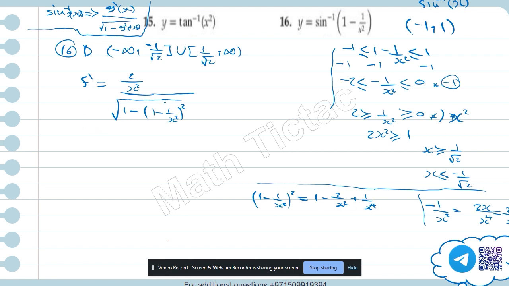In here, then I'll try to make the denominators the same over here, so I will use the cross method. This is going to be equal to 2 over x cubed divided by the square root of 2x to the power 4 minus x squared over x squared multiplied by x to the power 4, this is x to the power 6.